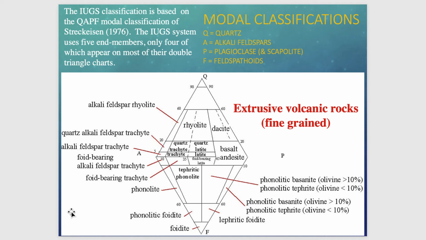Remember, when you see a lot of rounded white phenocrysts in a lava, most likely they will be foids, and this is really sufficient for the classification of foidites. We will not venture too much into the distinction of tephrites versus phonolites because it's quite challenging.